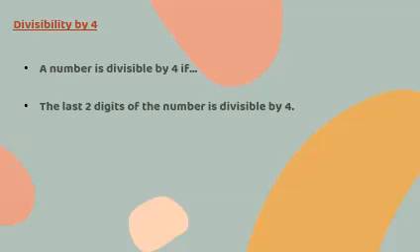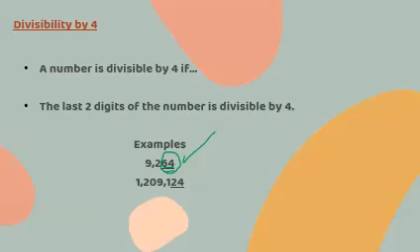If the last two digits form a number which is divisible by 4, then the whole number is divisible by 4. As an example, we're going to take 9,264. If you look at the ones and the tens together, the last two digits, you're going to see that we got a number which is divisible by 4. Then the whole number is going to be divisible by 4.